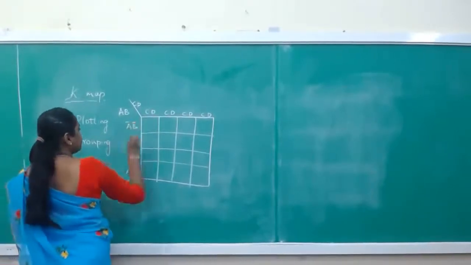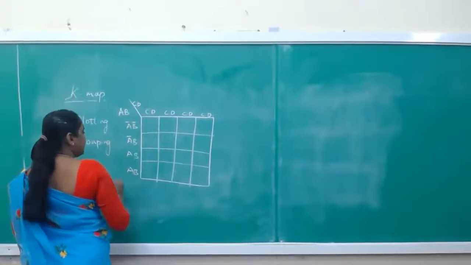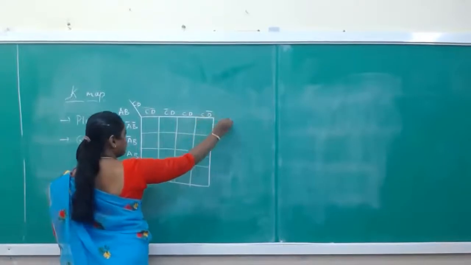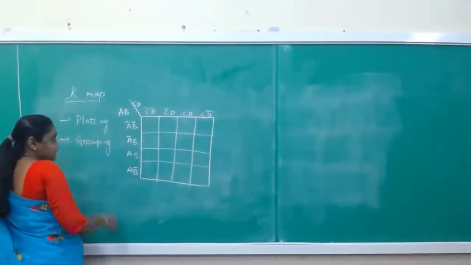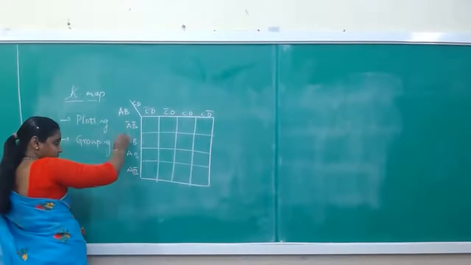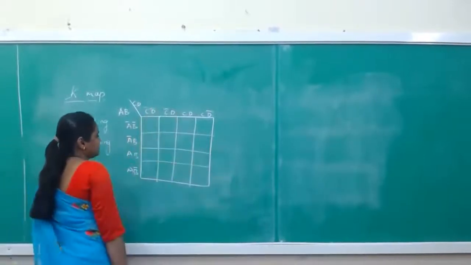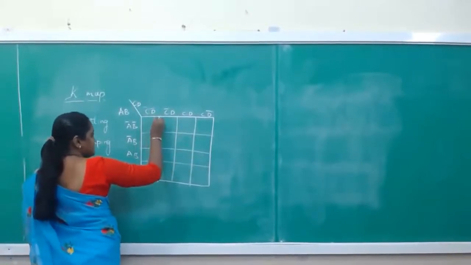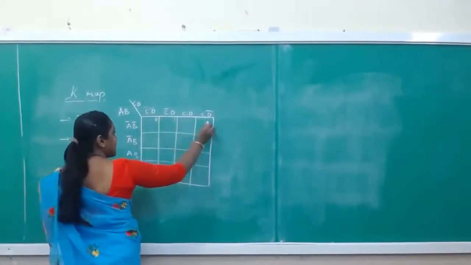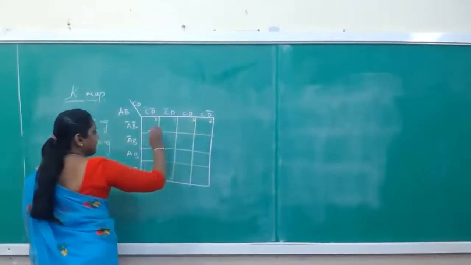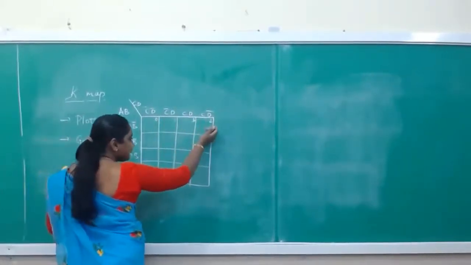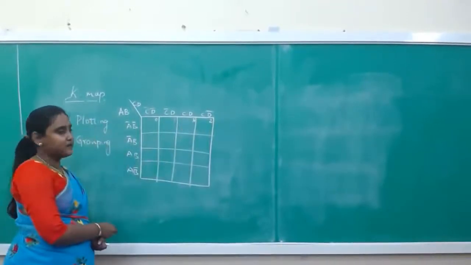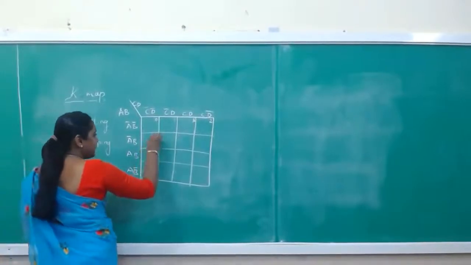Right? 0, 0, 0, 1, 1, 1, 1, 0. 0, 0, 0, 1, 1, 1, 1, 0. Right? So these are the possibilities of AB combinations and the CD combinations, right? Now, how to write the cell number inside? This is 0, 1, take a jump, 2 and 3. After 1, you have to write 2, leaving one block, and again coming back to that block itself, you have to write 3. Right? This is how the layout has to be written.